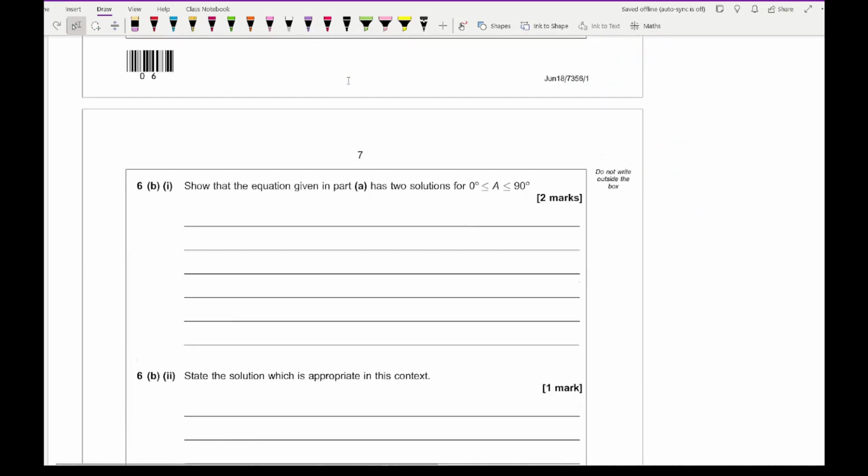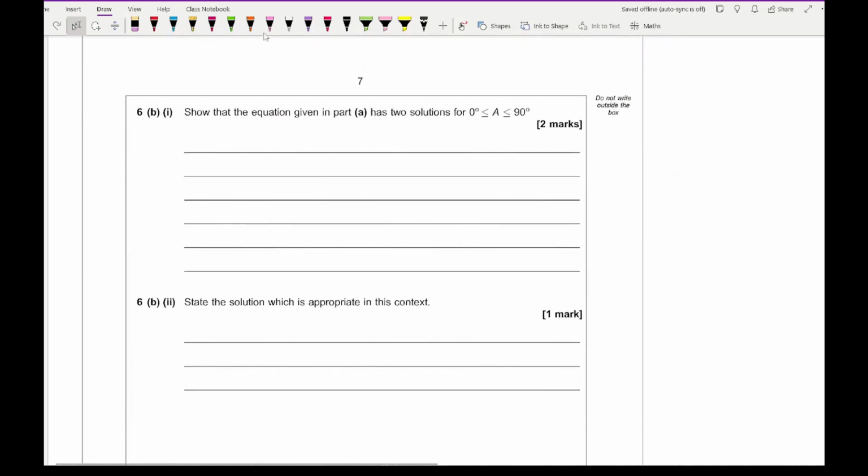Then moving on to question 6b, it says show that the equation given in part A has two solutions where A is between 0 and 90.